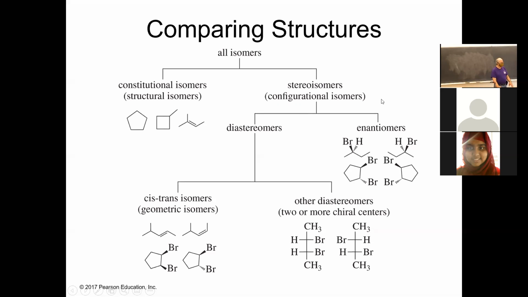One category of stereoisomers is enantiomers, or we can have diastereomers. Cis-trans isomers represent diastereomers, and compounds with two or more chiral centers can be diastereomers.